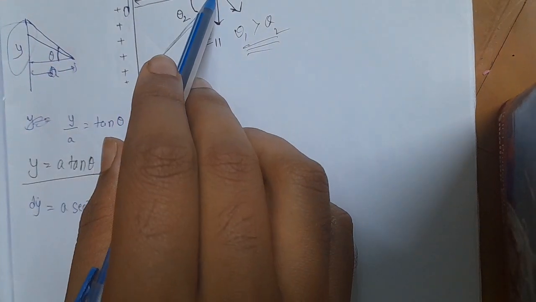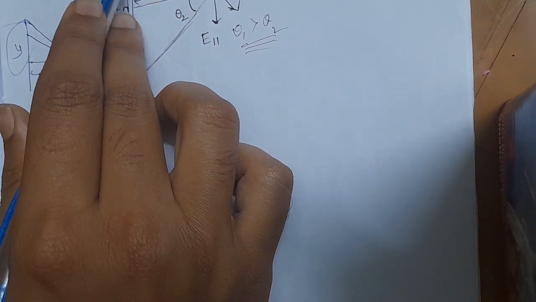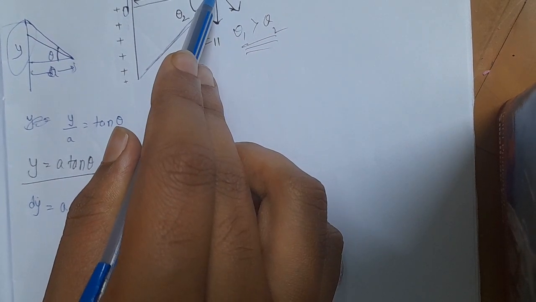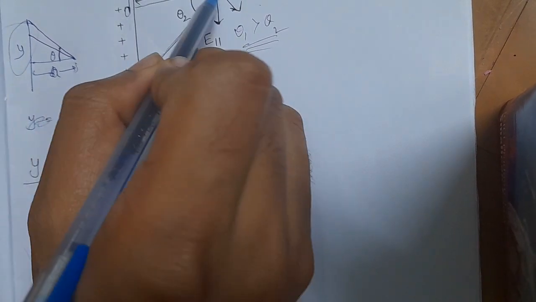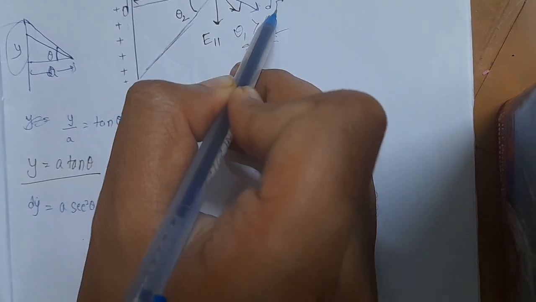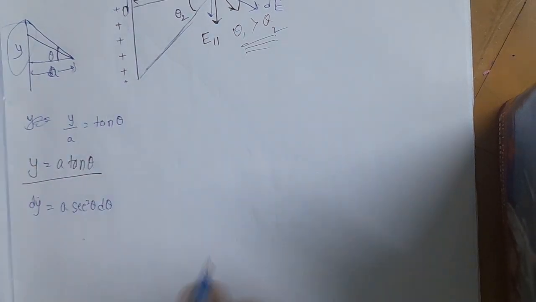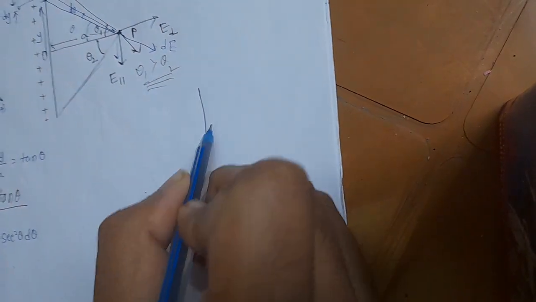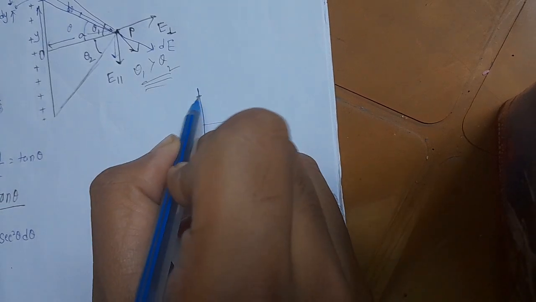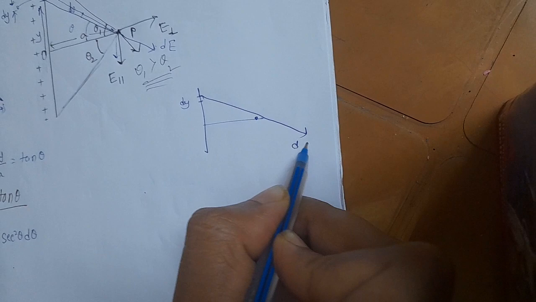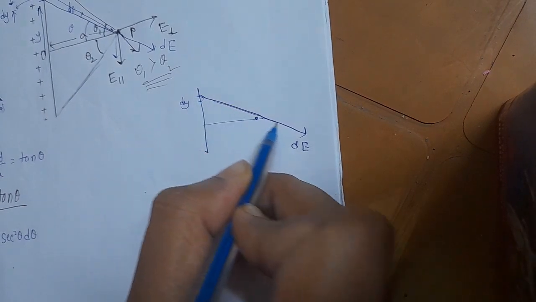So due to this element dy, at this point P, the test charge will experience a force dE. It will be resolved into the parallel and perpendicular components. Let's do it here. dE will be a single line, remember.